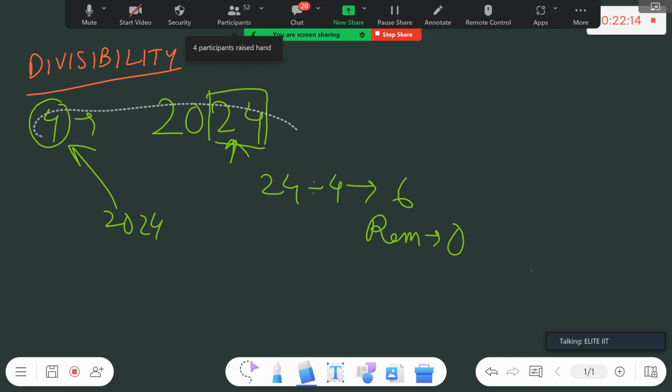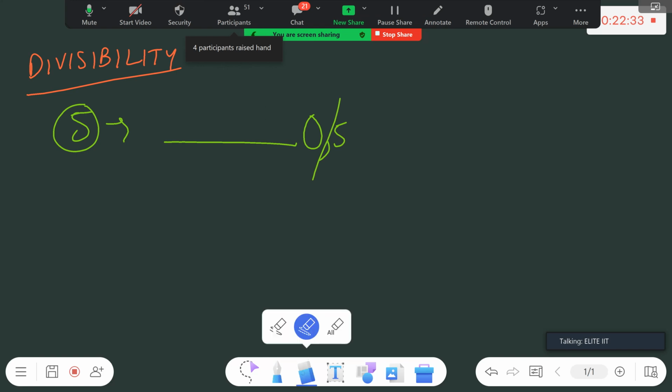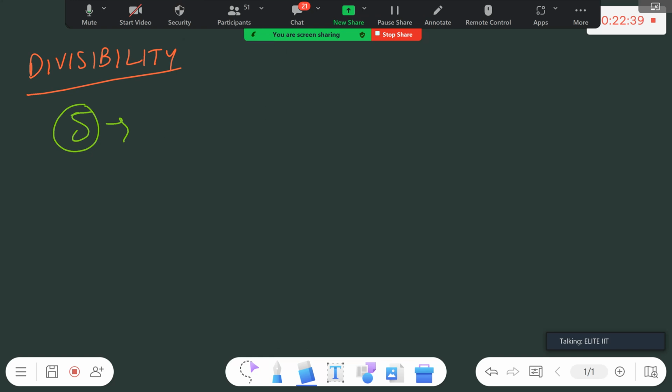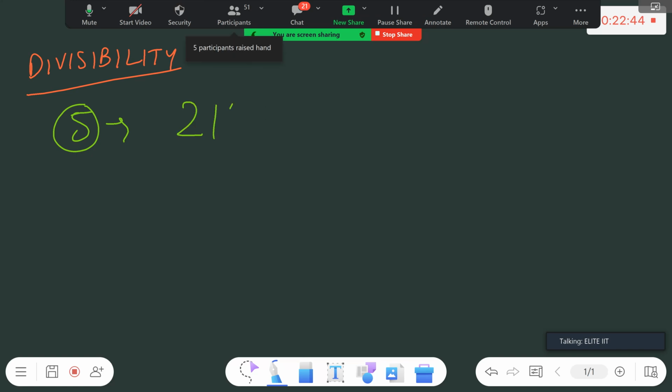Next, we'll look at 5. For 5, it is very simple. You need to see if the last digit of the number is either 0 or 5. If we take this number 2135, is it divisible by 5? Yes, because the last digit is 5.